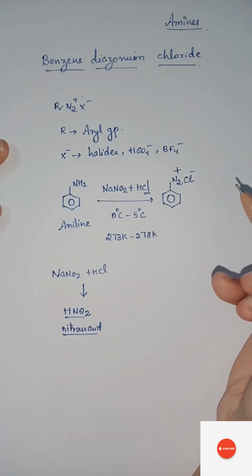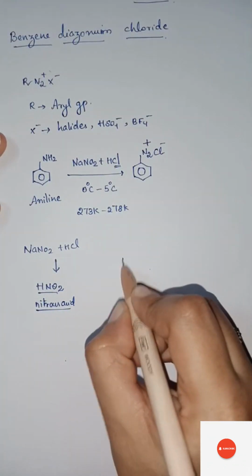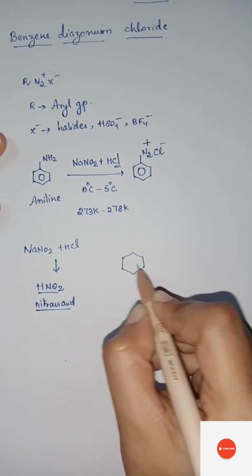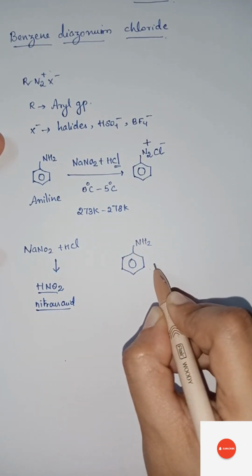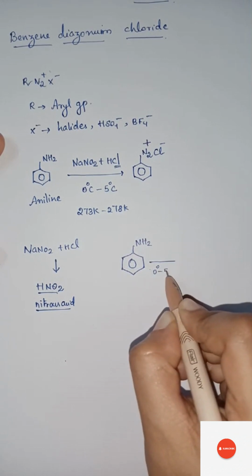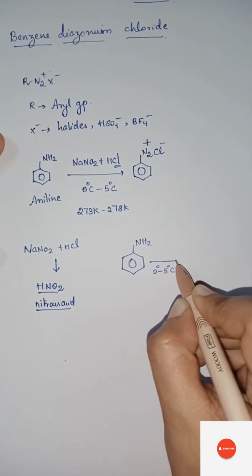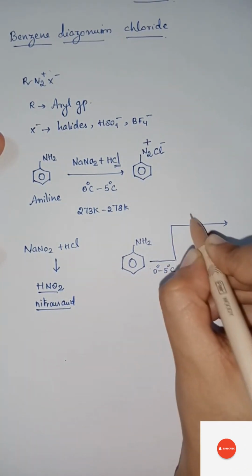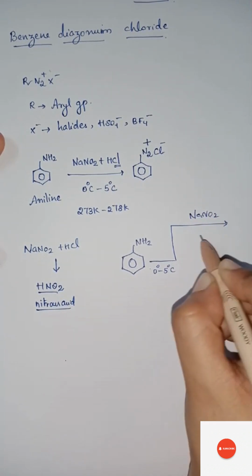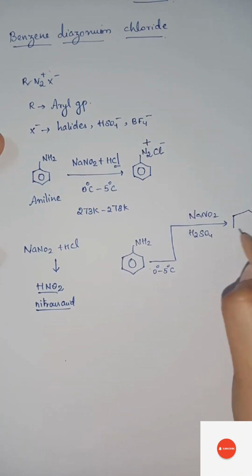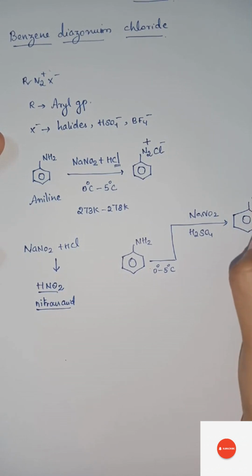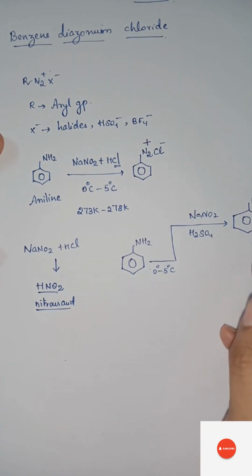Suppose I am using sulfuric acid, aniline under this ice cold condition, 0 to 5 degrees Celsius, when treated with NaNO2 plus H2SO4, we will get the product N2+HSO4-, benzene diazonium bisulfate, sorry.